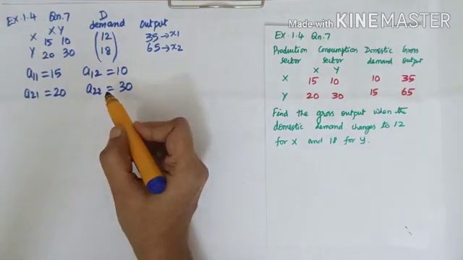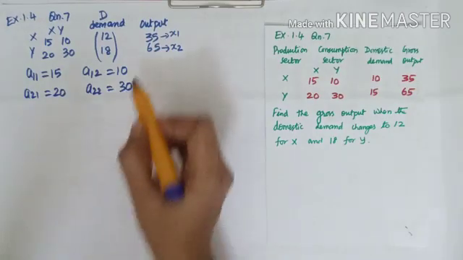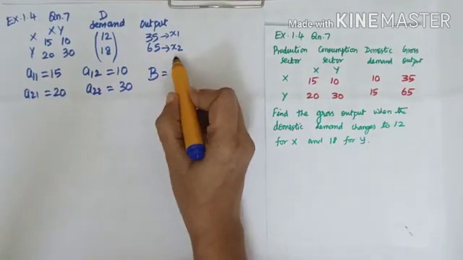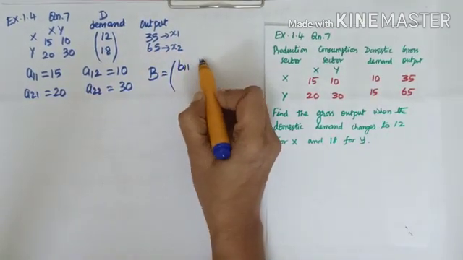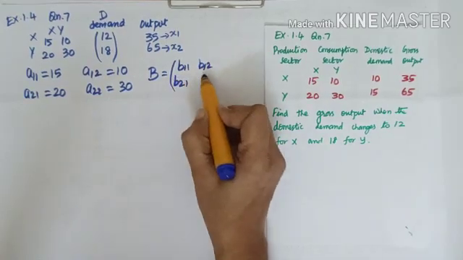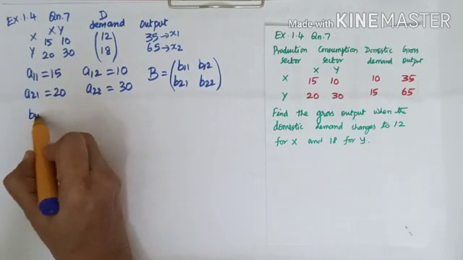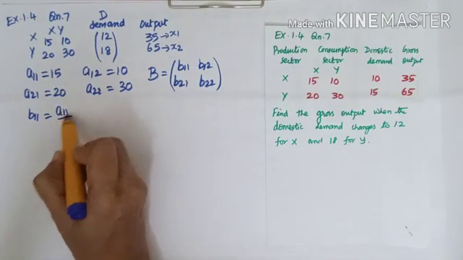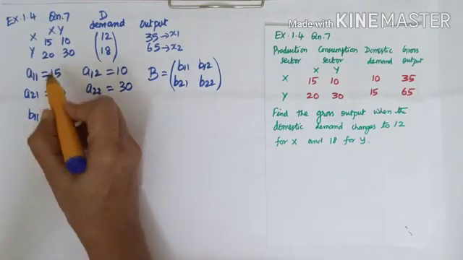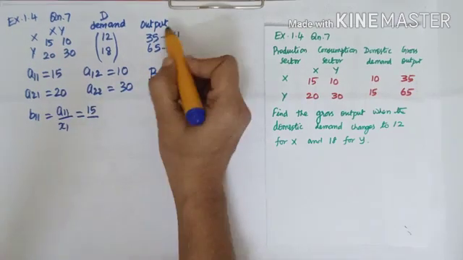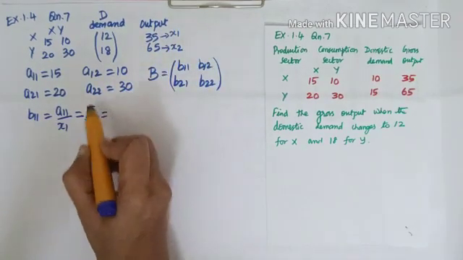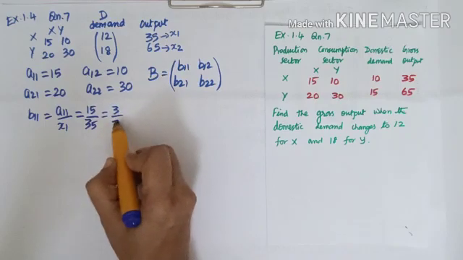Now we need to find out B matrix. What is B matrix? It is nothing but B11, B12, B21, B22. How to find out this B11? It is A11 by X1. A11 is 15, X1 is 35. You can cancel 5 threes are 3 by 7.